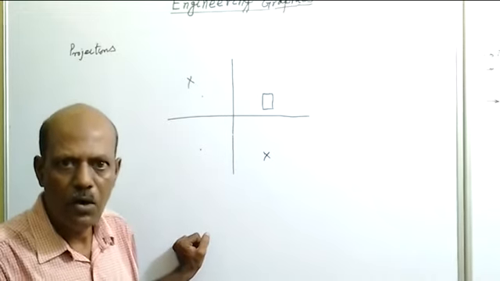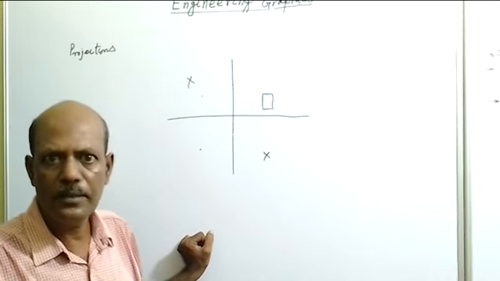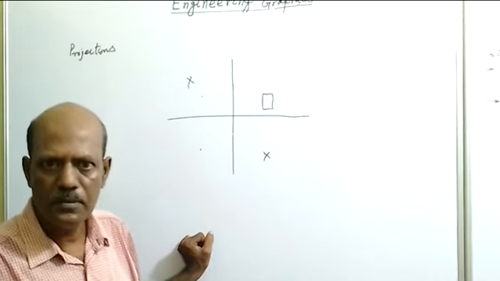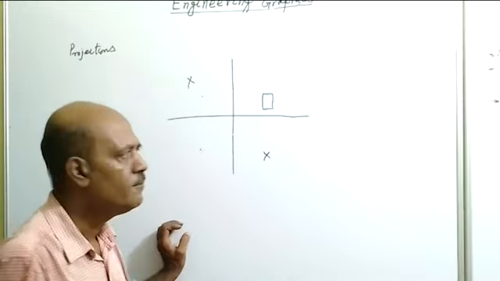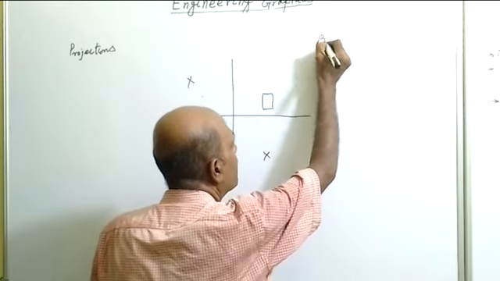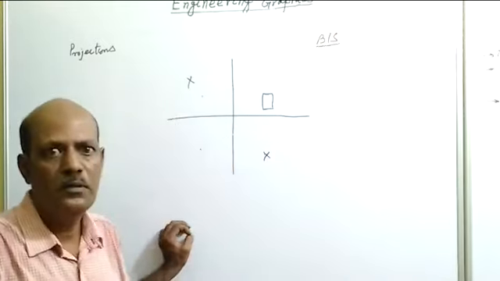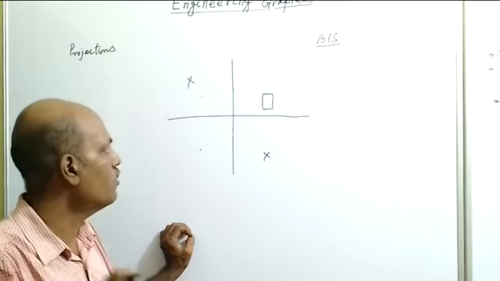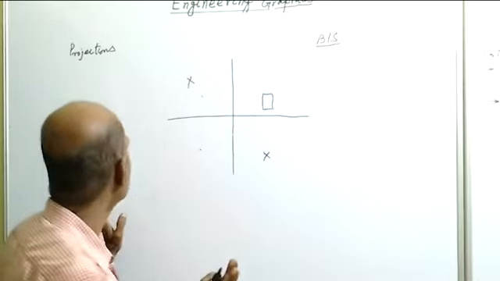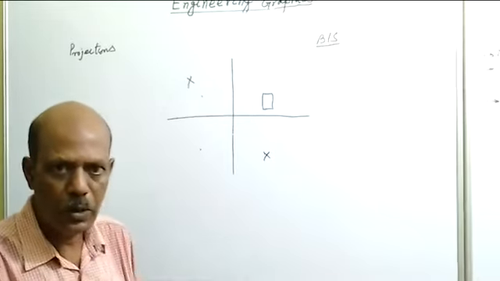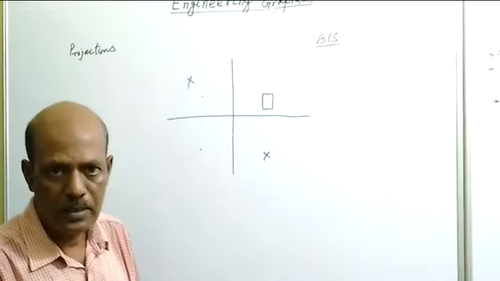But in India, only first angle projection is used for drawing objects in schools and colleges because it is decided by the standardization organization. So as per BIS, in India, if we want to draw the projections of an object, it will be done using first angle projection. So I hope the concept of projection is clear.